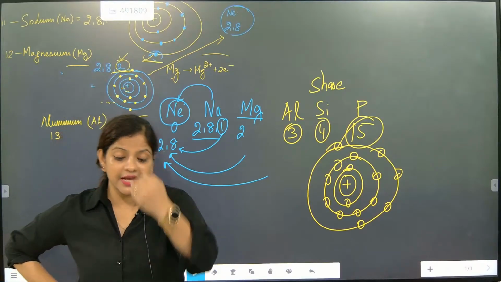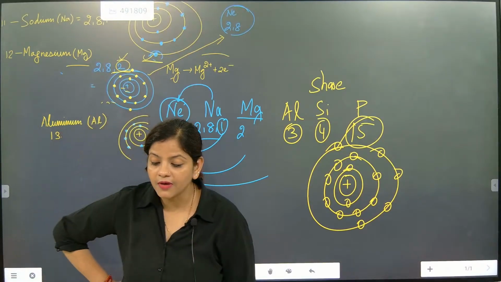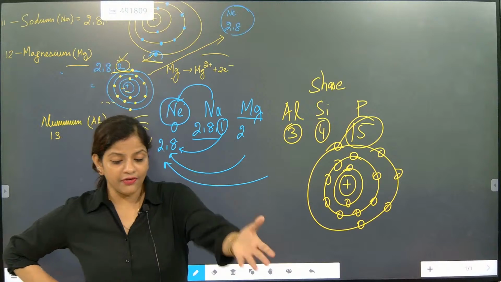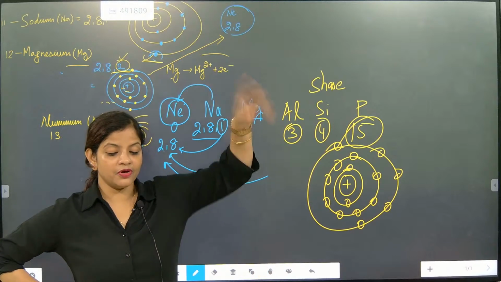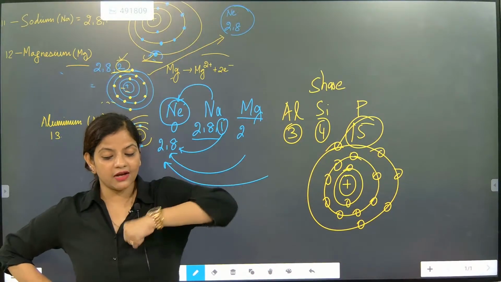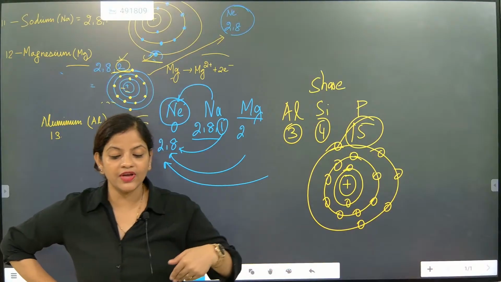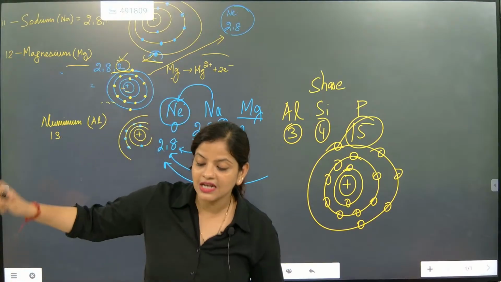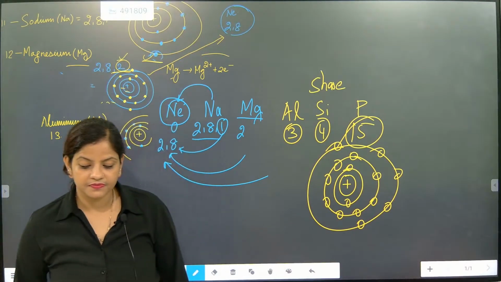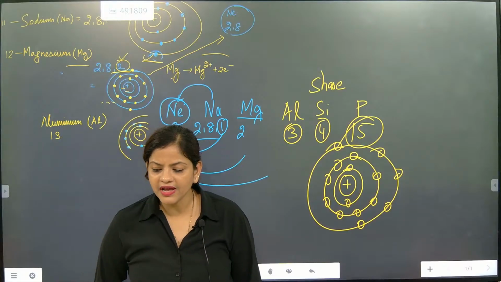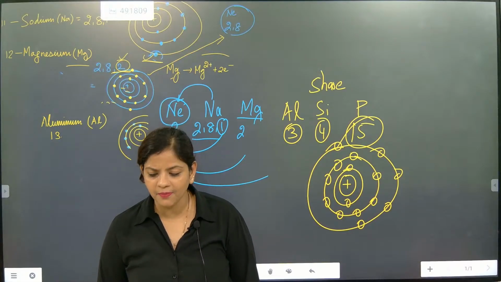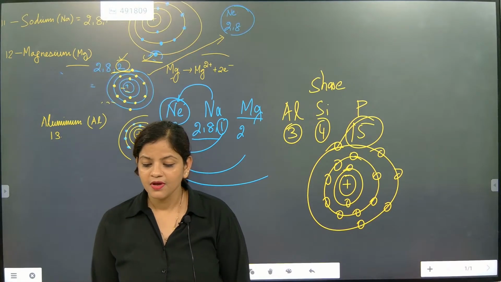Once it is taking 3 electrons, there is one story. If we give, we are positive people because we are giving. But if we take, we become negative people. Last class also I discussed this.